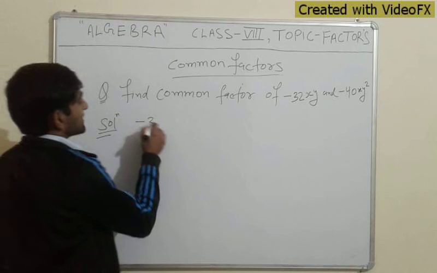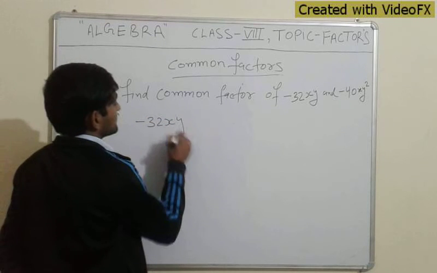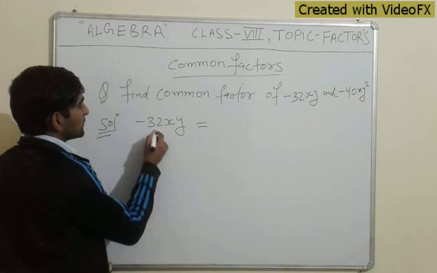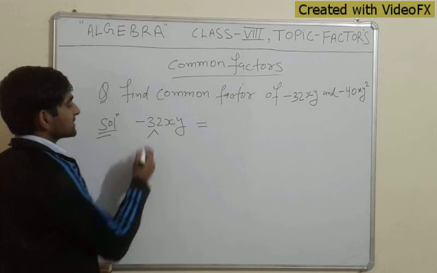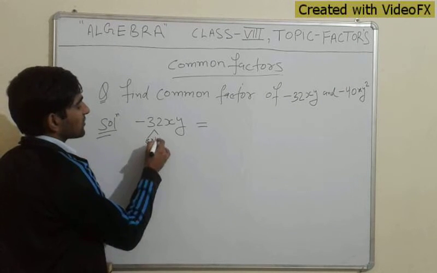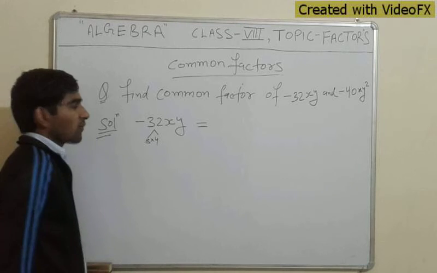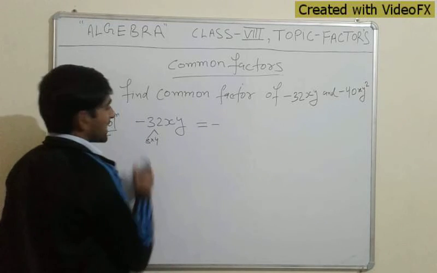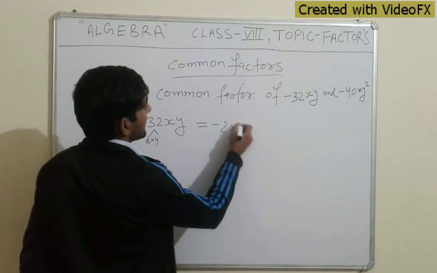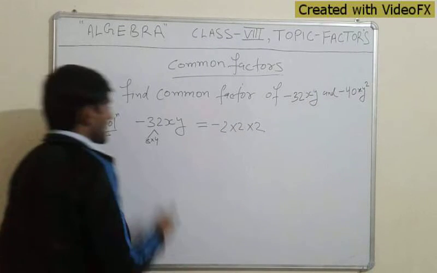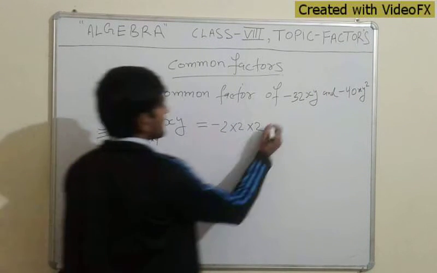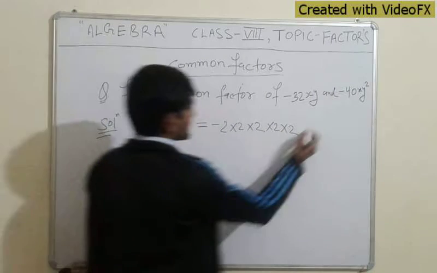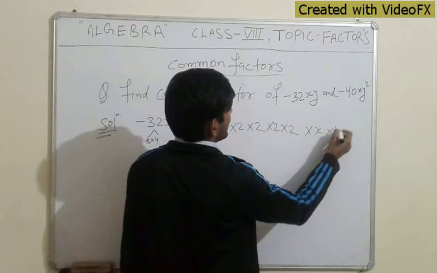minus 32xy. First we have to find the factors of 32. 32 is 8 times 4. 8 has factors 2 multiply 2 multiply 2, and 4 also has factors 2 multiply 2. Then x and then y.